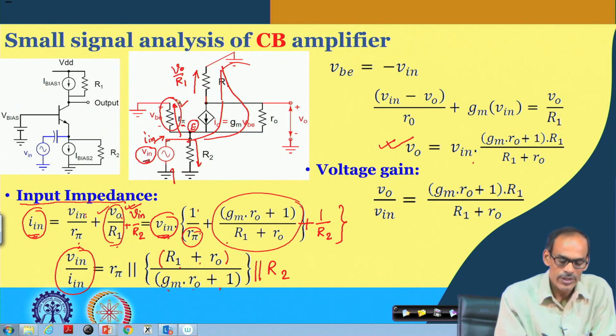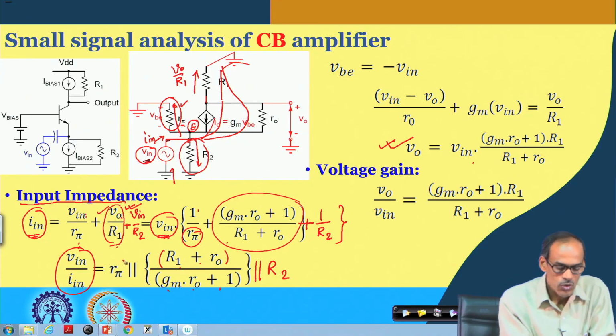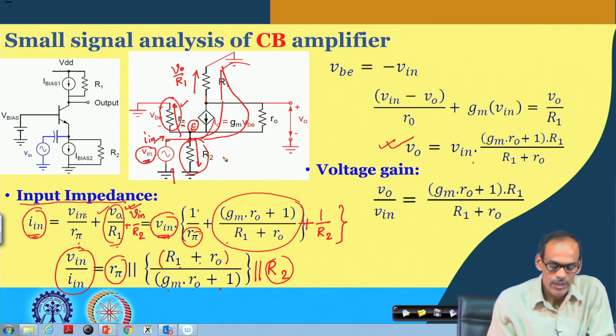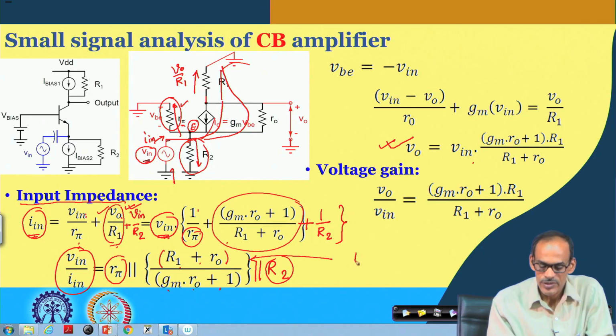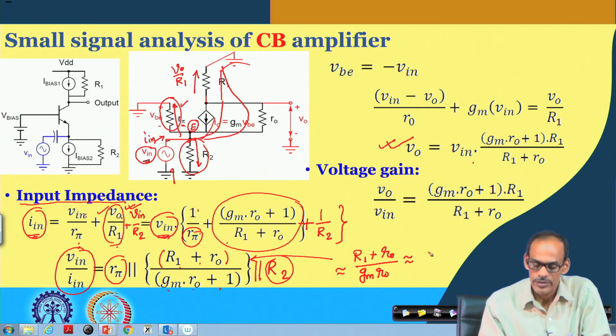One is the conductance through the active device, which is this R pi, and this is the R 2, and the middle portion, if you further simplify, is R 1 plus R o divided by G m into R o. If you simplify it further, in case this part is dominating, that is, much higher than R 1, then you may approximate that this is 1 by G m.